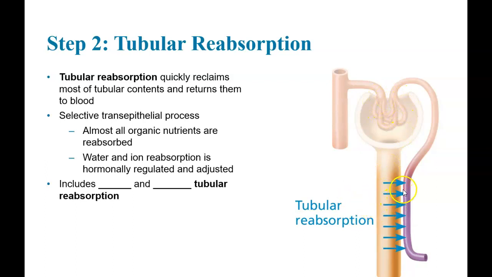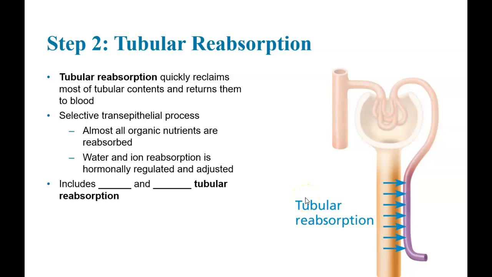Tubular reabsorption would be where those substances are returning to the circulatory system. Because this is the afferent arteriole that leads into the glomerulus. This is the efferent arteriole where the blood exits the glomerulus and returns back to the circulatory system. So for tubular reabsorption, that's where substances are reabsorbed back into the circulatory system.